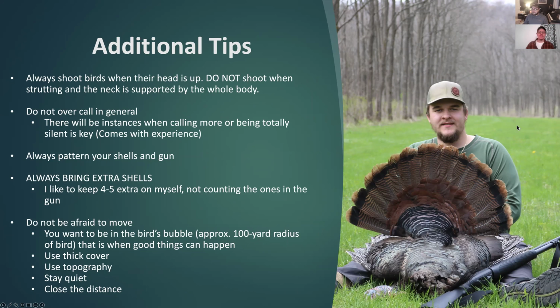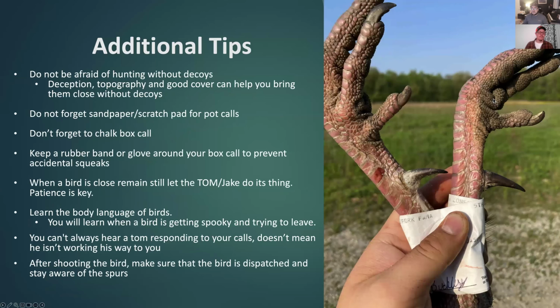So a little putt is an alarm putt, so you've got to be ready to take the shot within a second of doing that, but that'll get them to really stretch that head up and give you a good ethical shot. You can almost view it like deer hunting. We've all been there, at full draw, to get that deer to stop. The second you do that, you better be ready to fire because it's going to happen quick. Turkey's the same way. I'm not putting until I'm literally on that head and just waiting for it to pop up a little bit. Good point.